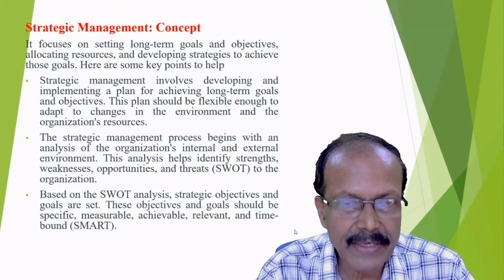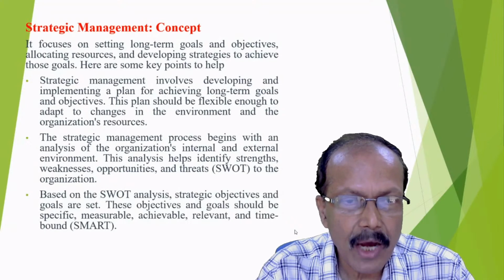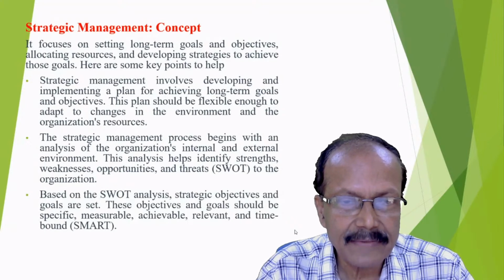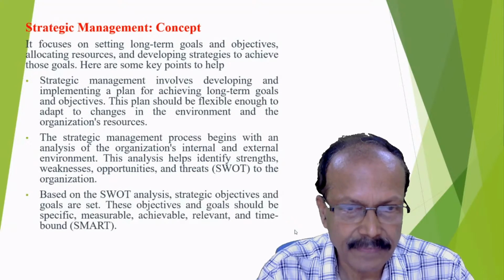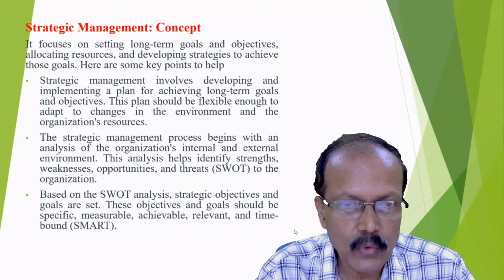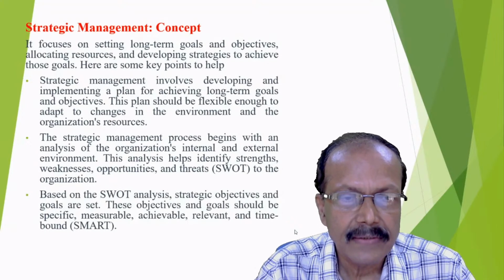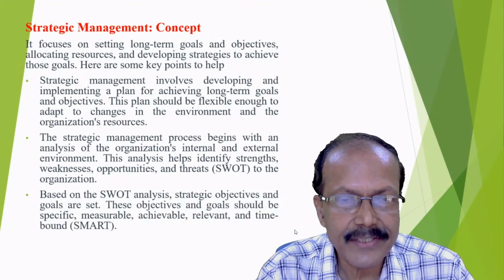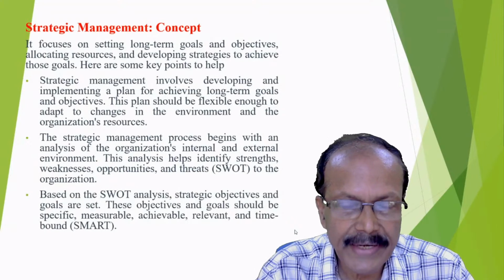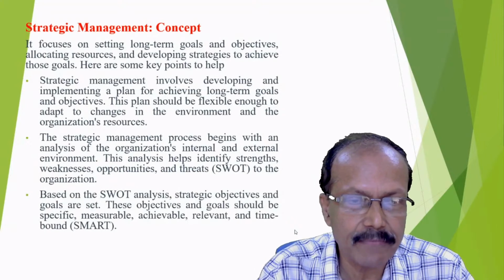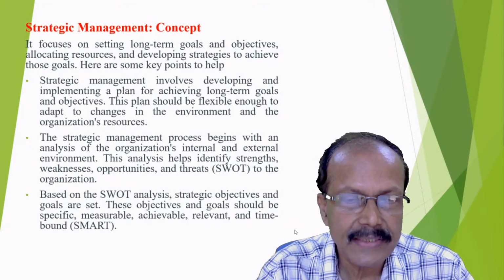The strategic management process begins with an analysis of the organization's internal as well as external environment. Internal environment includes areas like the organization structure, organization culture, and the organization's resources, such as human resource, financial resource, material resource, and information resource.